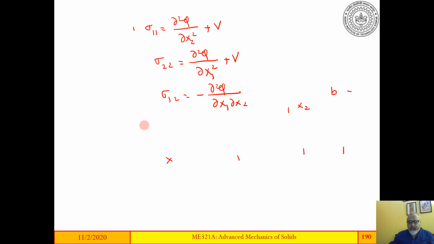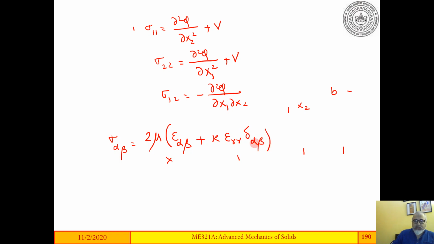And then I have the two-dimensional constitutive equation, which is sigma alpha beta equal to 2 mu epsilon alpha beta plus kappa epsilon gamma gamma delta alpha beta. Now this is epsilon 11 plus epsilon 22.